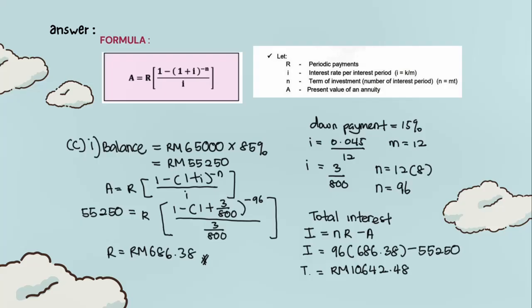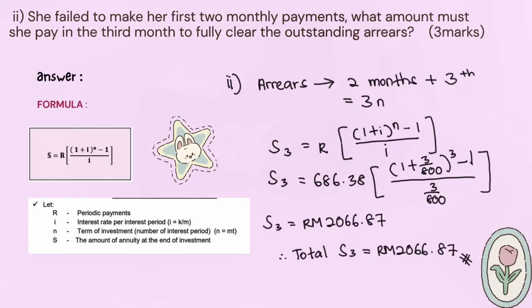Then we calculate the total interest. We use the formula I equal nR minus A. So I equal 96 times 686.38 minus 55,250. So the total of I is 10,642 ringgit 48 cents.